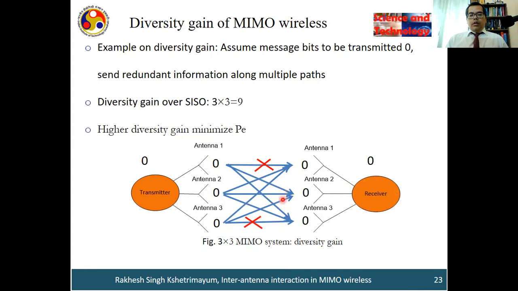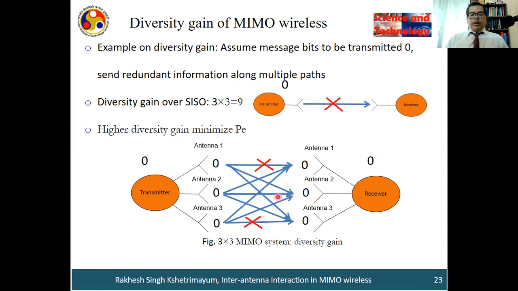This is the idea. But let's say you consider traditional wireless communication where only a single antenna is used at the transmitter and a single antenna is used at the receiver. If this path is broken, you send 0 bits from here, the receiver won't be able to decode the message. So that means there'll be a lot of errors at the receiver.